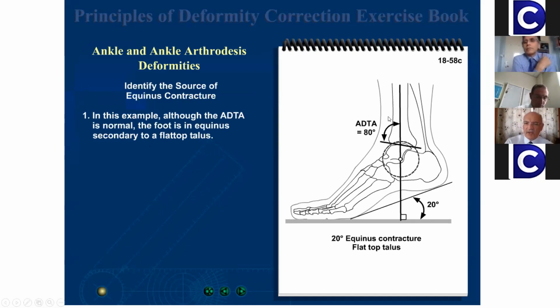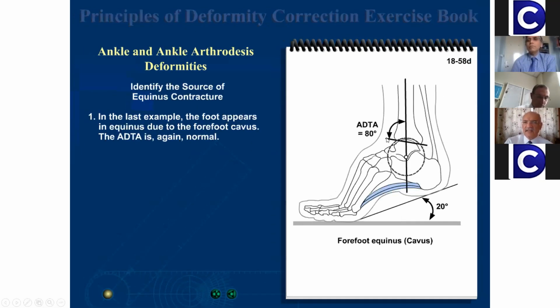So we don't have a problem with the distal tibia. The problem is here. You have a flat top talus. Again, in this case with equinus, perhaps the same degree of equinus, the mid-diaphyseal line and the joint orientation line make an anterior distal tibial angle of 80, which is quite normal. And we have a problem with the forefoot because you have cavus deformity.